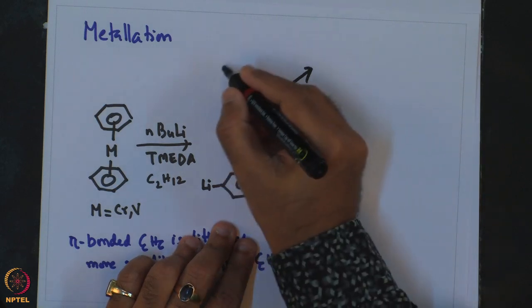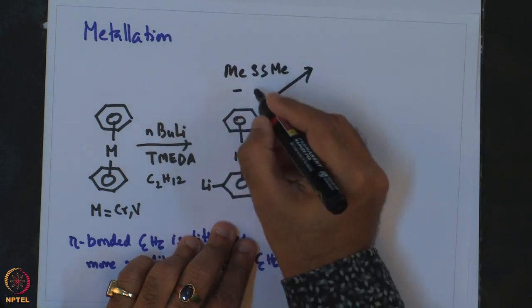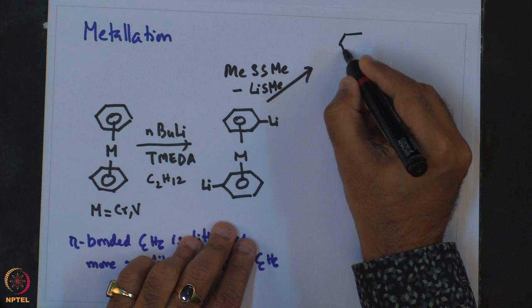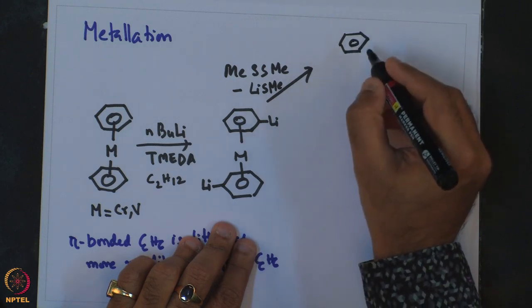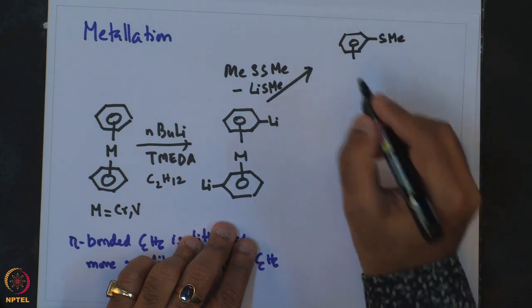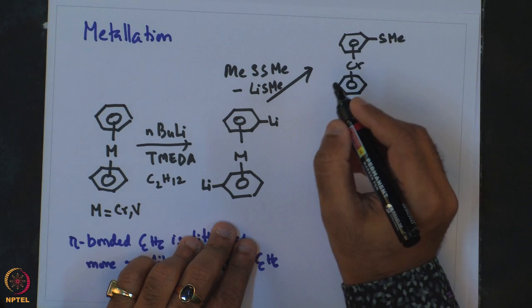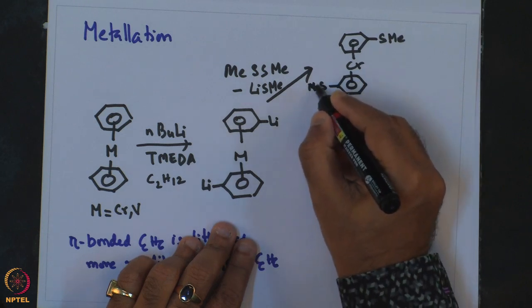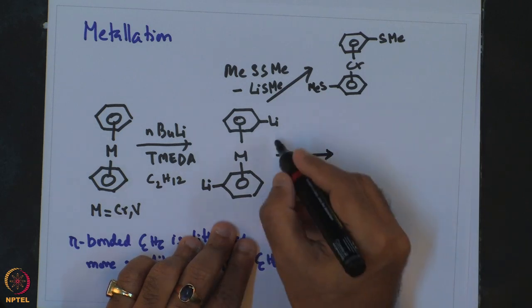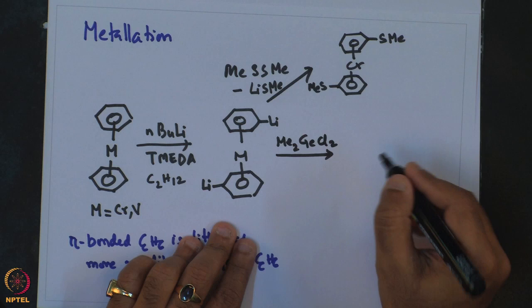So, reactions with MeSSMe, minus LiSMe, gives the substitution of SMe on the ring, or reactions of Me2GeCl2.